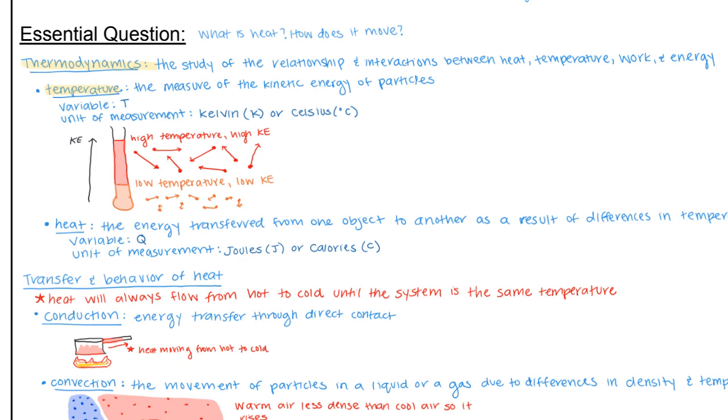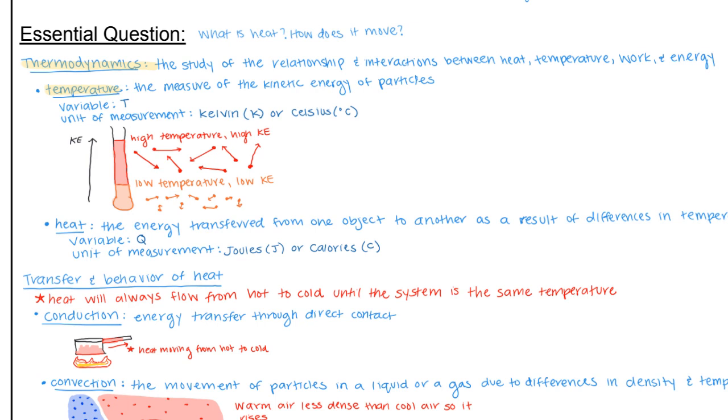But in physics, we're going to take this one step further, because temperature is a measure of the kinetic energy of particles. So typically, when we are measuring the temperature outside, we are measuring the amount of kinetic energy each air particle has. Again, we're bringing back these concepts of energy and work in our thermodynamics discussion.